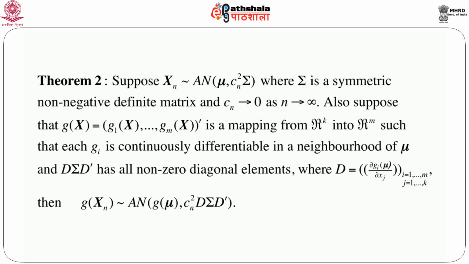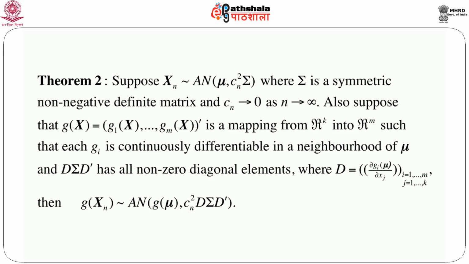So g(x) itself is a vector, that means it is a mapping from Rk to Rm, such that each gi is continuously differentiable in a neighborhood of mu, and D sigma D prime has all non-zero diagonal elements, where we defined D as a matrix involving the partial derivatives of the ith component of g function with respect to the jth component of x.